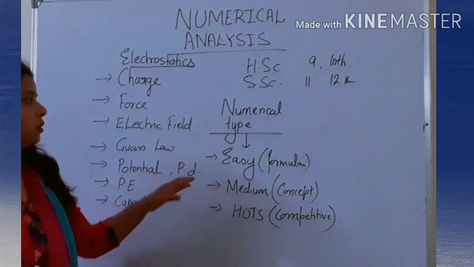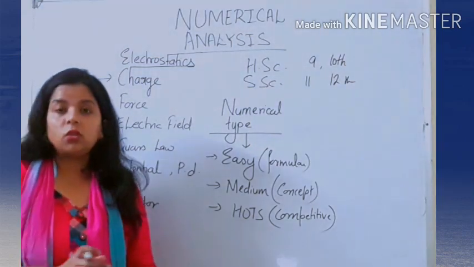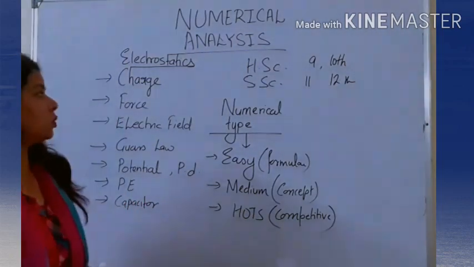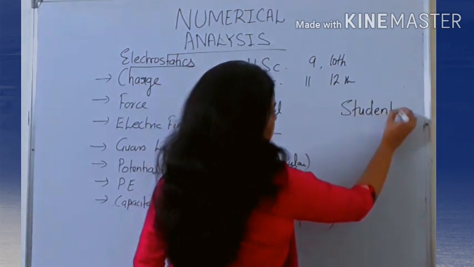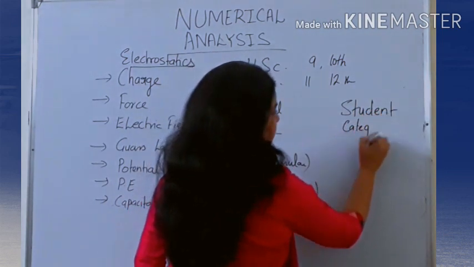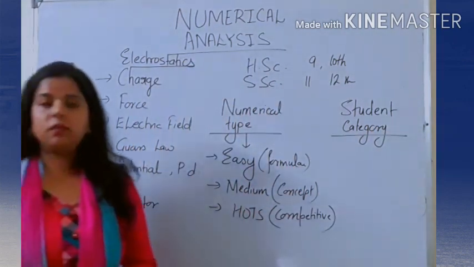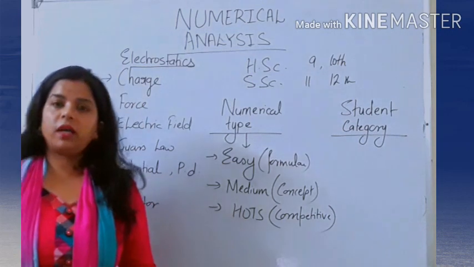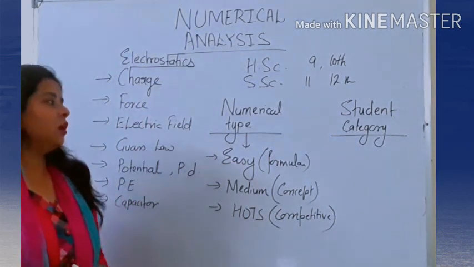I'm not saying to start with easy, then come to medium, then HOTS. This is not for all students. Students also have some categories, so choose your category and then start solving numericals on that basis, because you have sometimes up to one year to solve these numericals.